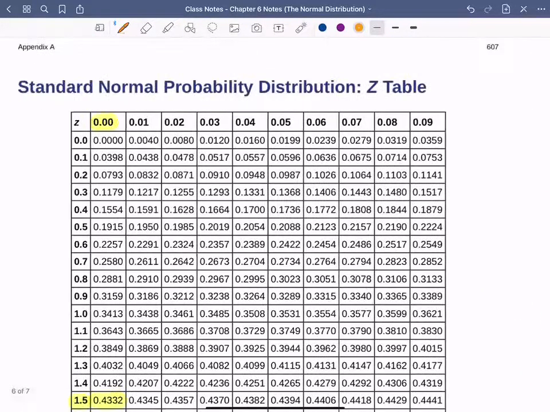So we go here. 0.2, right? And then 0.05 is here. So what we're looking at is right here, the 0.0987. Oh, I'm sorry. I looked at the wrong thing. My fault. We're looking inside the body. The 0.25, we're looking in here.